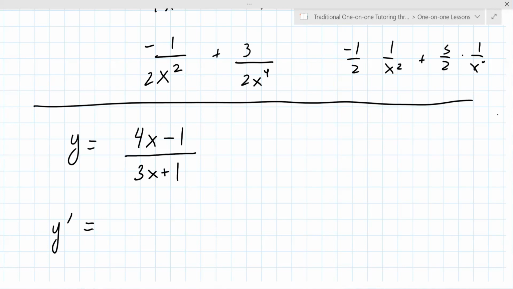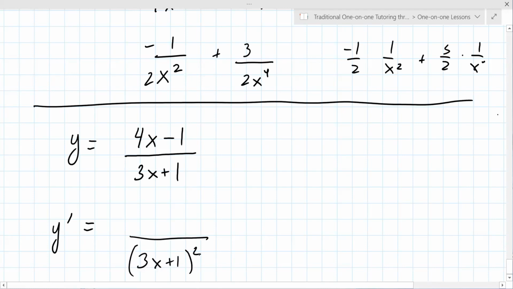X times 3. You have to FOIL out the bottom. Nope, you can leave this over 3x plus 1 squared, but the top definitely simplifies.